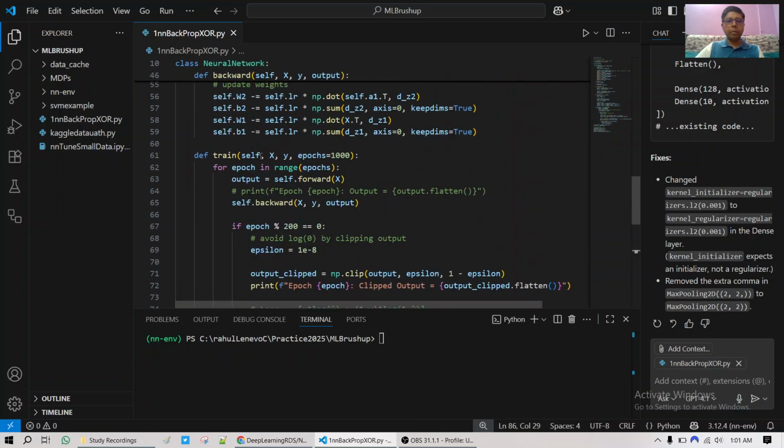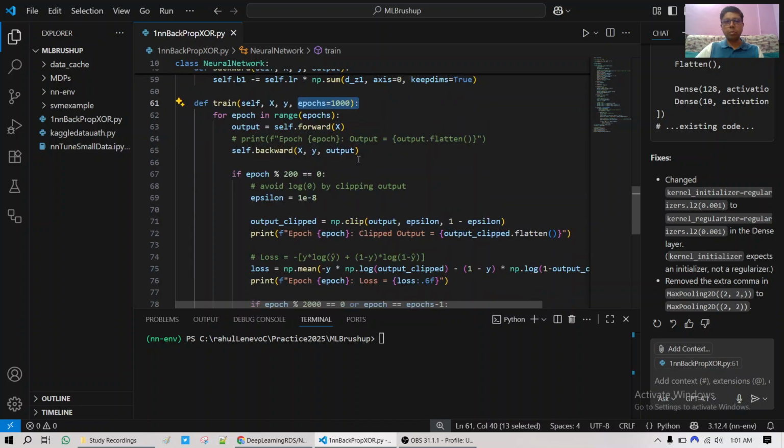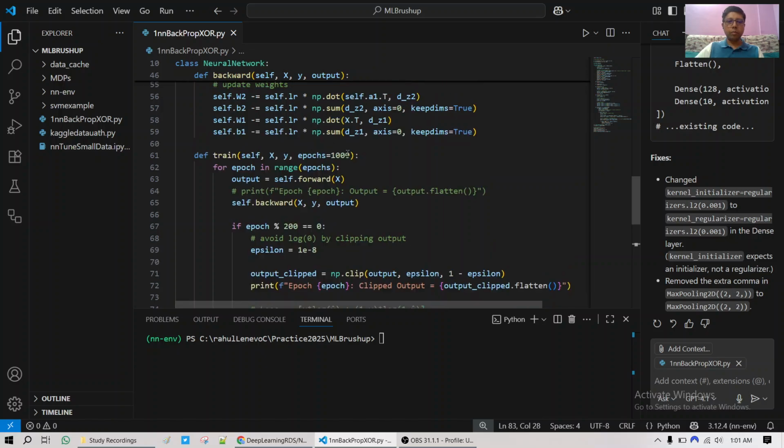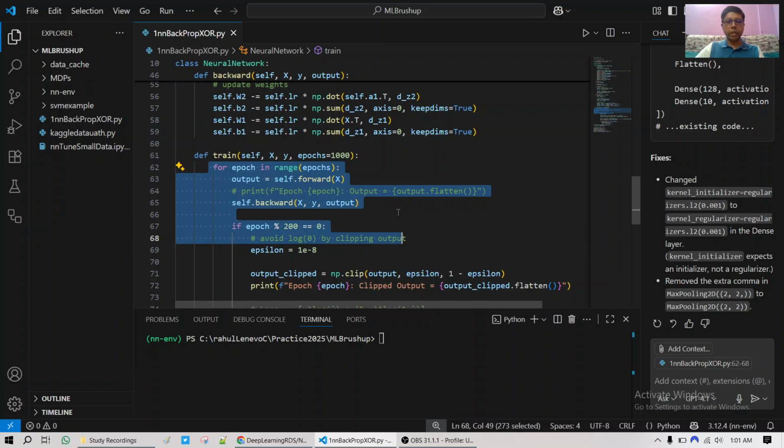In the training, we pass this input and the epoch size is 1000 by default, but we're passing 2000 epochs here. With more epochs, we have to adjust the learning factor, because it takes that number of passes over the particular data set, and then it learns, right? So this is the default value, but here we are passing 2000 epochs. Until the epochs finish, we are going to process these functions.